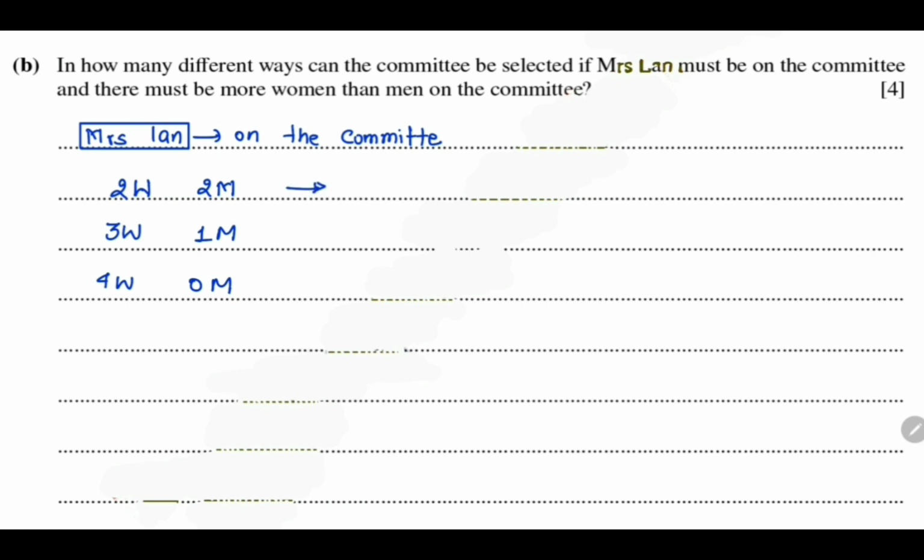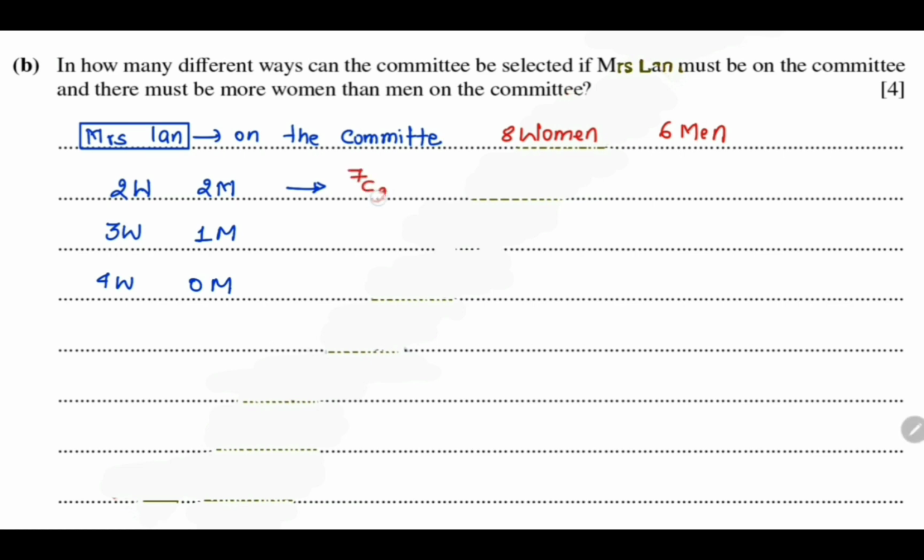Number of ways for this is, see, there were 8 women in total and 6 men. Out of 8 women, Mrs. Lan has already been selected. So we are left with 7 women. Now we have to select 2 women out of 7.